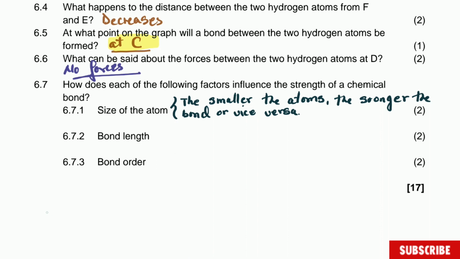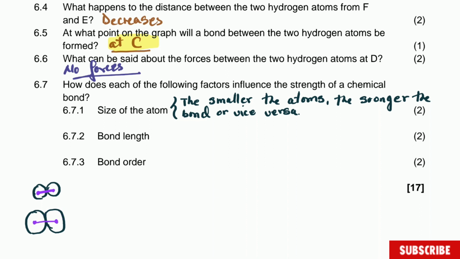If the atoms are very small, we're going to represent here two atoms so you can see. You have one atom and another atom. Let's say this is the atom. And now, the bond length is this one here. What if we have two bigger atoms? Now you can see that the bond length increases, becomes longer.